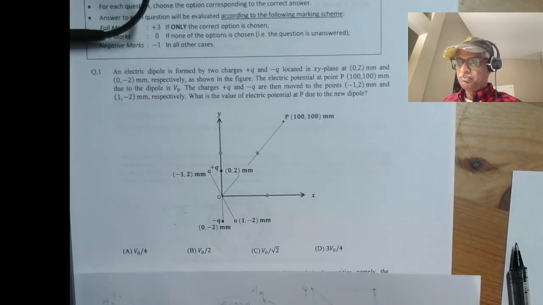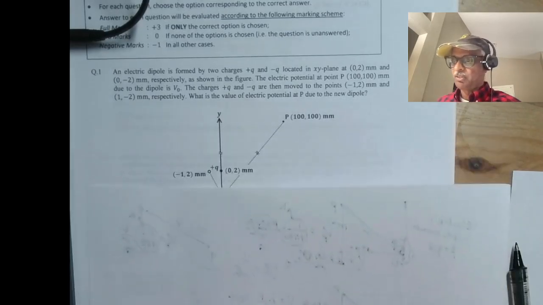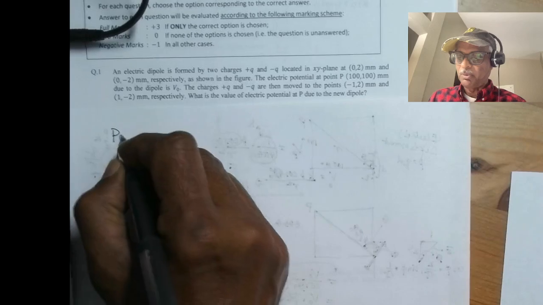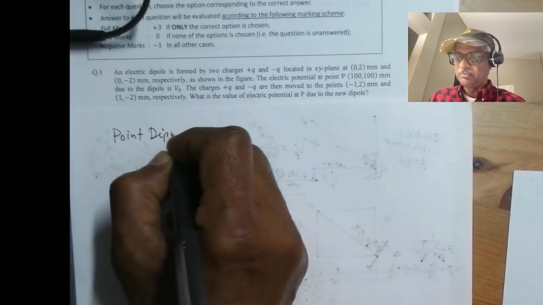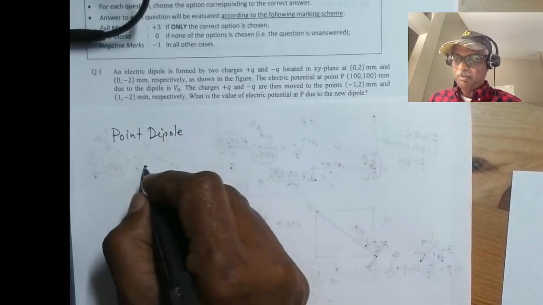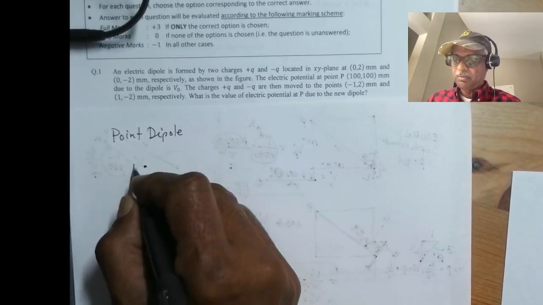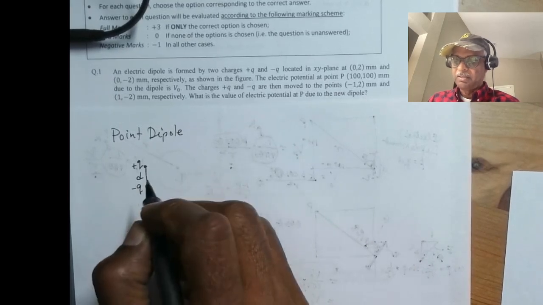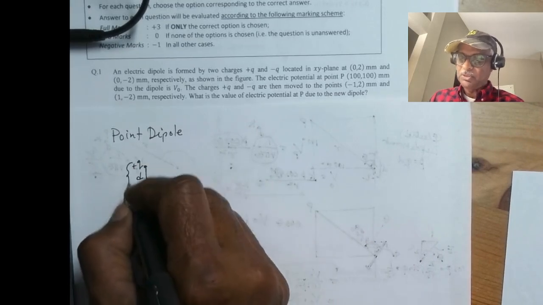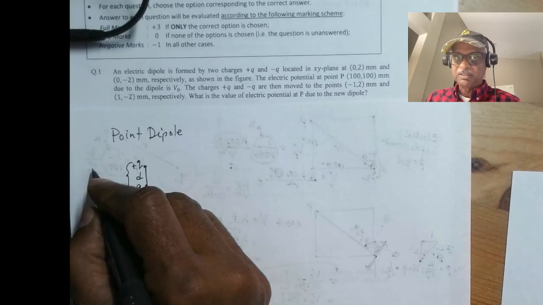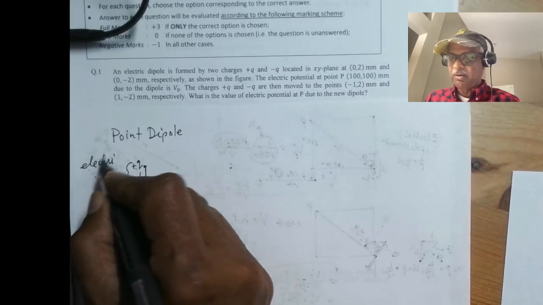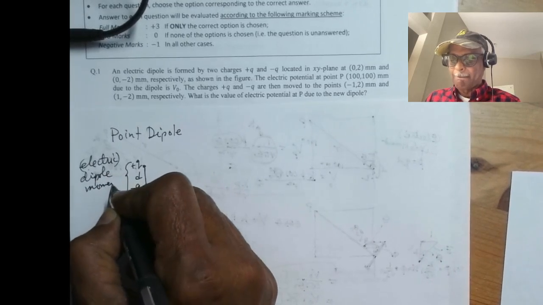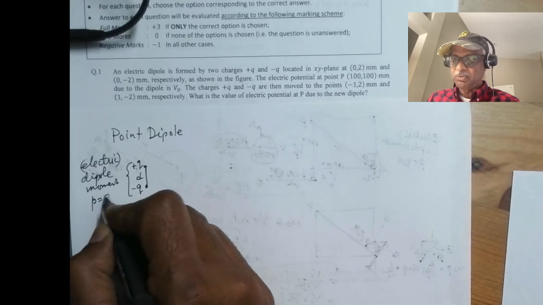Okay, so what do you have to know to answer this question about the so-called point dipole? If you have a minus q and plus q and the distance is d, then you can associate something called the electric dipole moment, and say P equals qd.